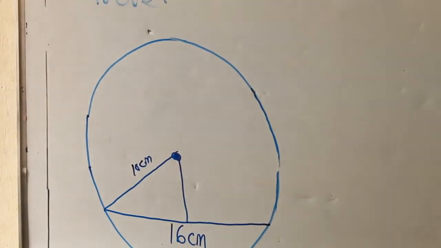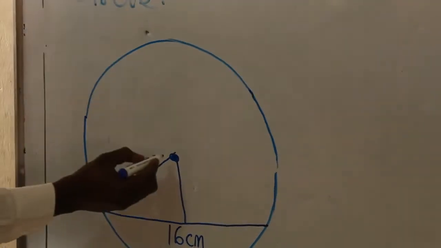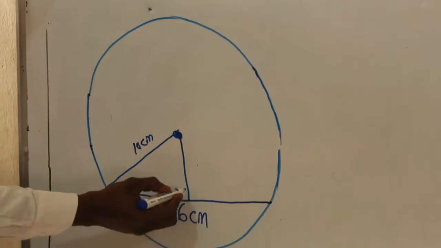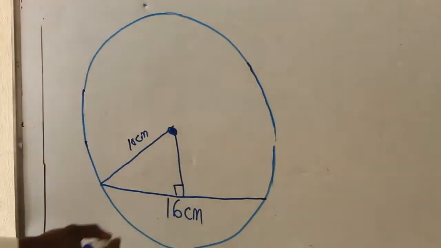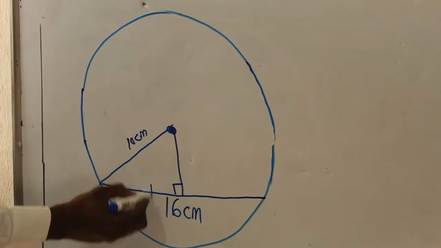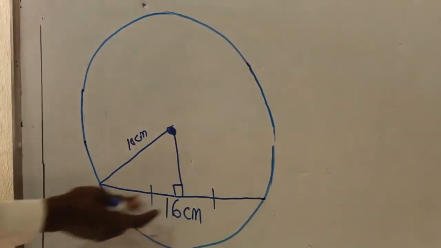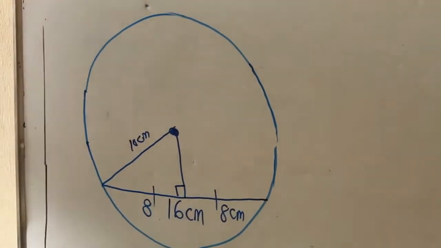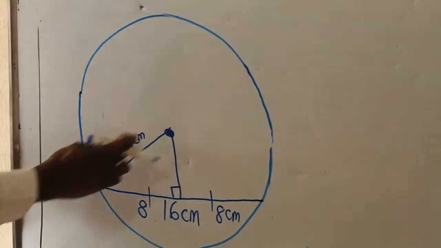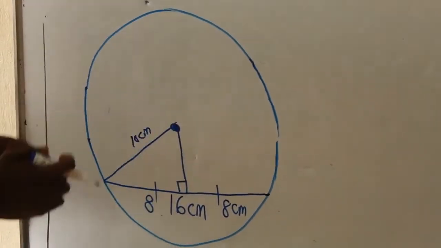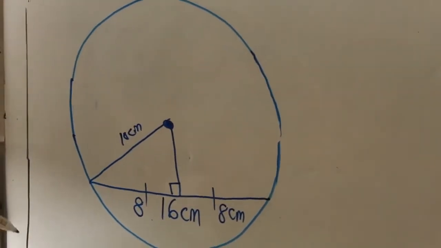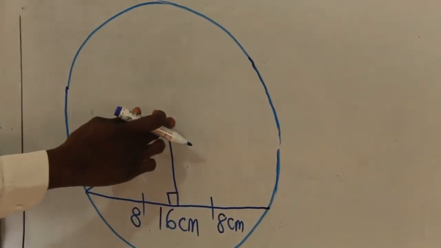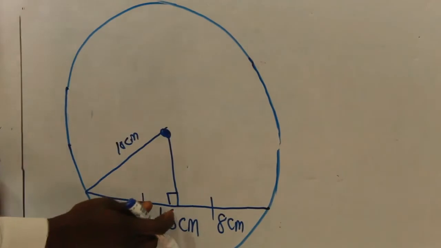And we had said earlier that if a line is drawn from the center of the circle to bisect a chord, it is at right angles to it. And it bisects this chord, it means that it cuts this chord into 8 centimeters and 8 centimeters. So what I should do is to extract this right angle triangle elsewhere, and then I will be able to find the distance from the center of the circle to the chord.